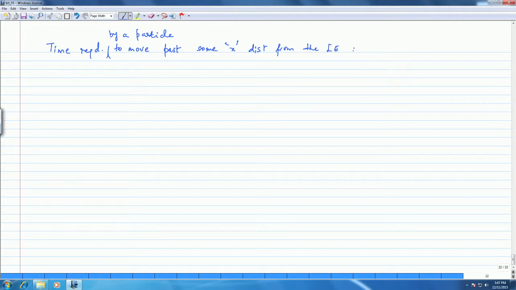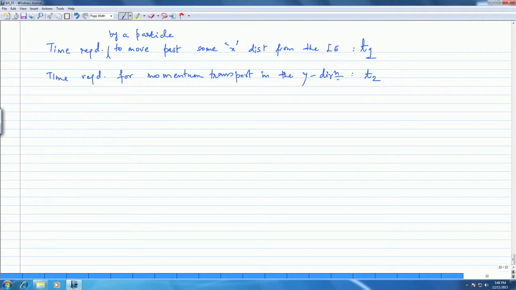I'm going to call that t1, okay? And the time required for momentum transport in the y direction is t2.